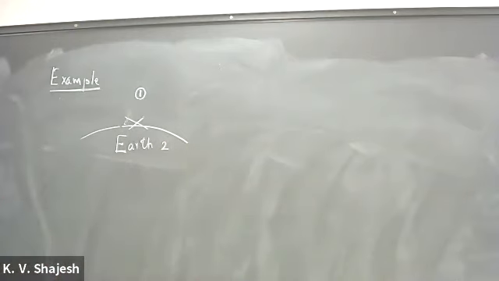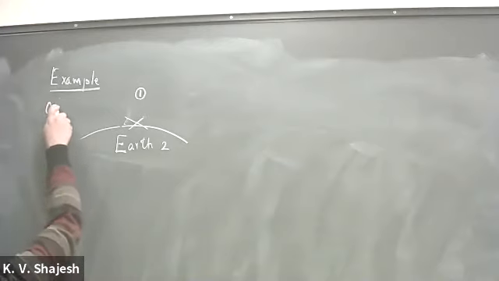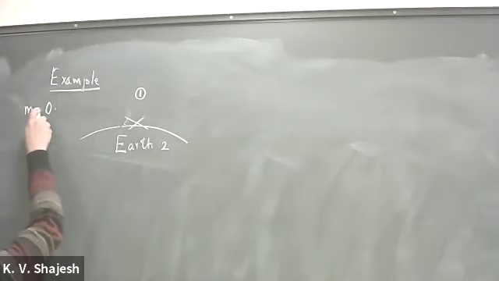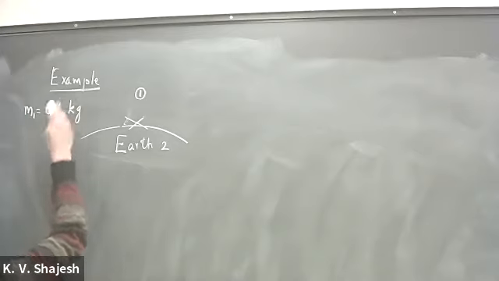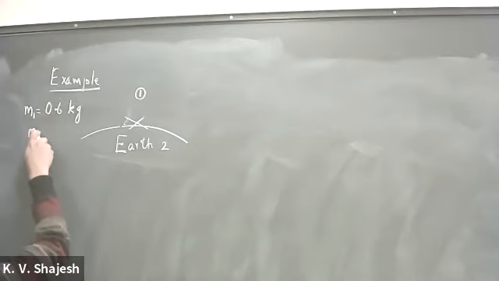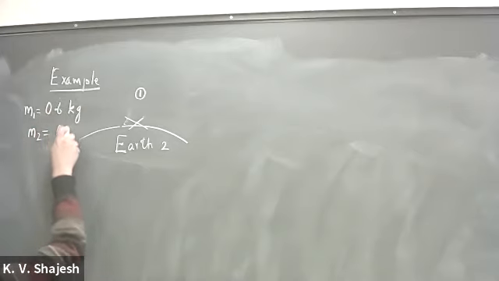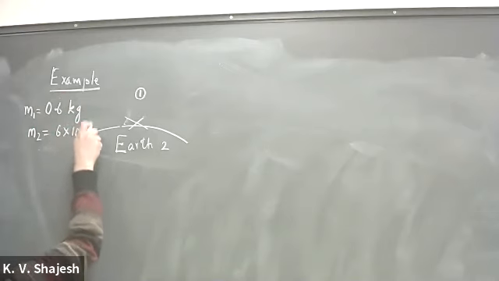Mass of Earth is huge, like 10 raised to 24 times that of the basketball. Mass of Earth is about 6 times 10 raised to 24 kgs, and mass of a basketball is just 0.6 kgs, right? Mass M1 is 0.6 kg, 600 grams basically, and mass of Earth is 6 into 10 raised to 24 kgs.